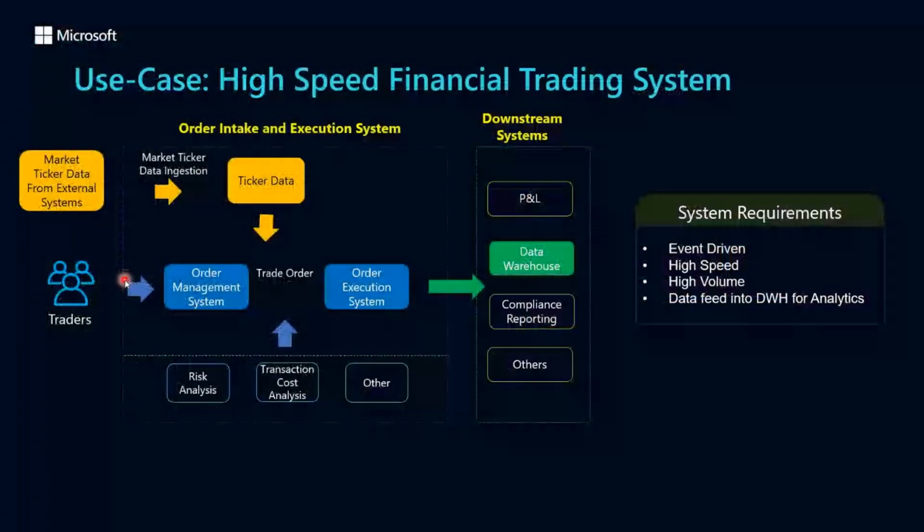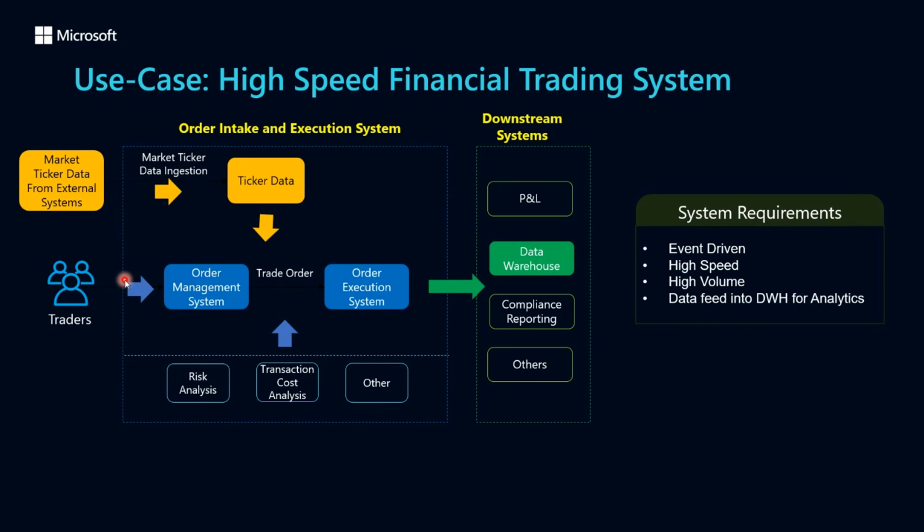Now, let's take a look at the use case we have to simulate the high-speed financial trading system. On the left side, we have market ticker data, which comes from an external system based on your subscription, which is basically time series event data for market price and quantities.